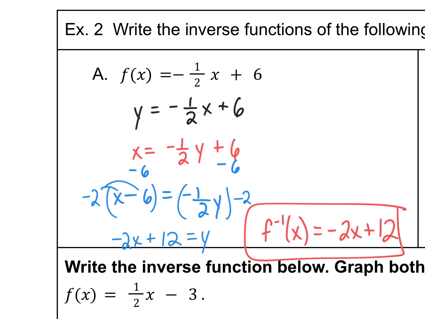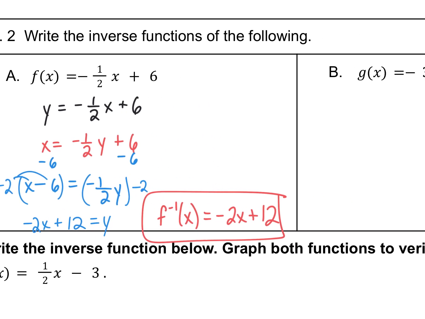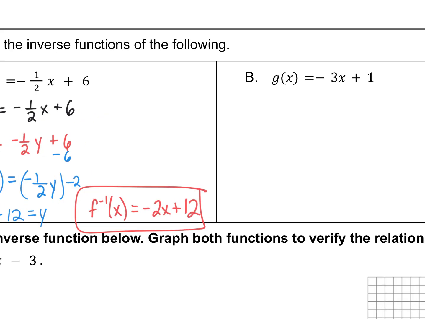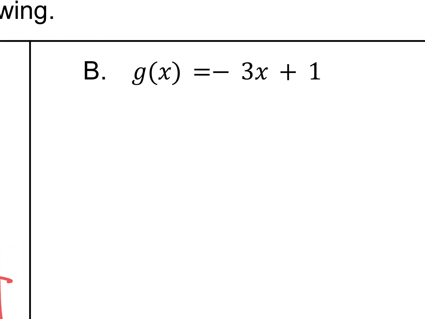Does this make sense? Did I lose you anywhere? Okay, so using the steps on the previous page and this example, I want you and your group to try B. Step 1. What we got? Okay. Step 2. Swap x and y.